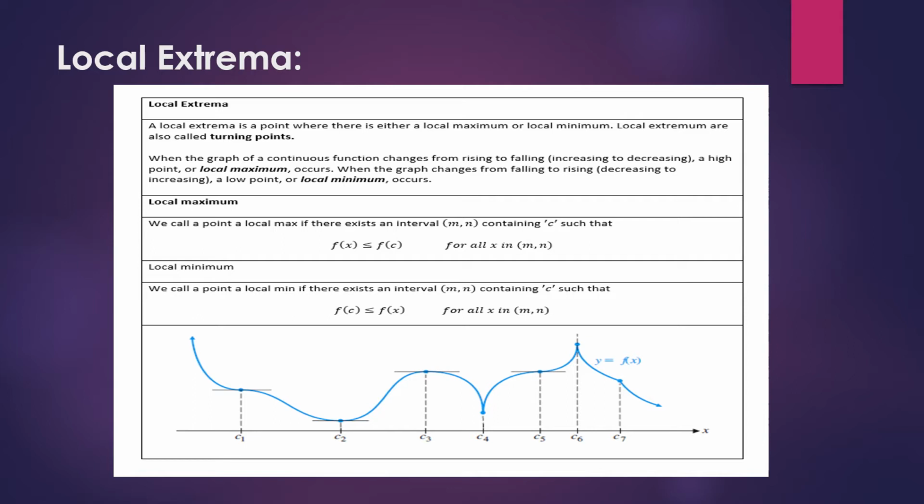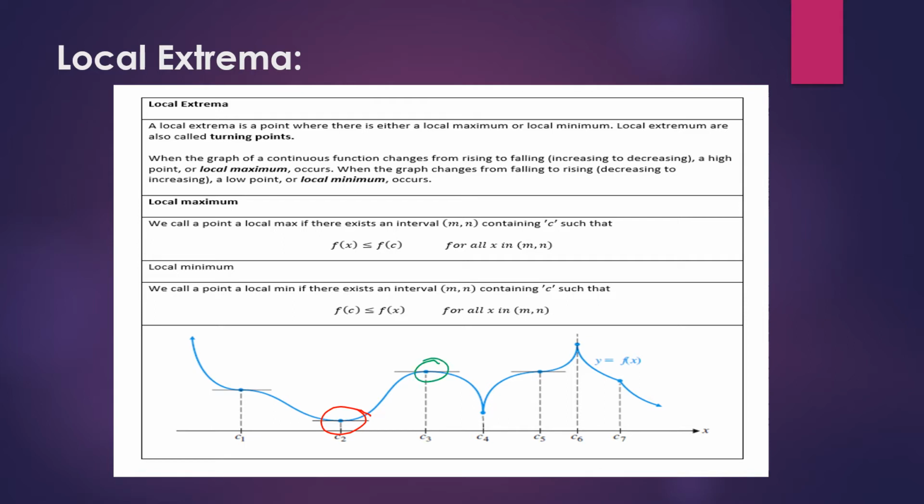So for example, if we take a look at the graph at the bottom and we asked where are the minimum values, well, if we looked at C2, C2 is smaller than anything on the interval from C1 to C3. C3 would be a maximum, a local max.